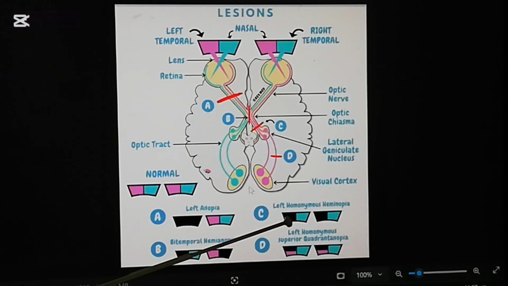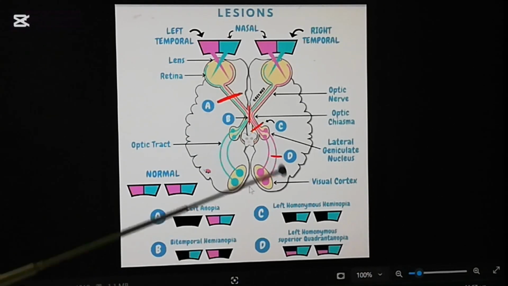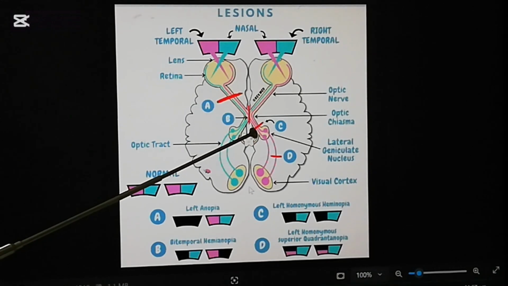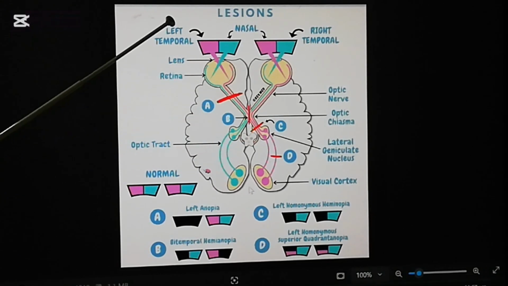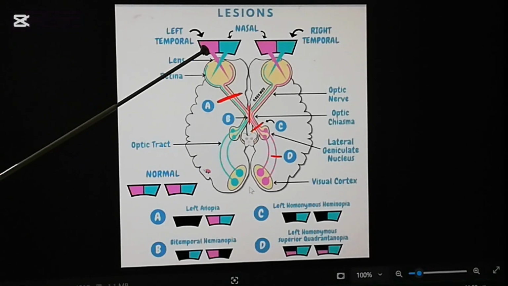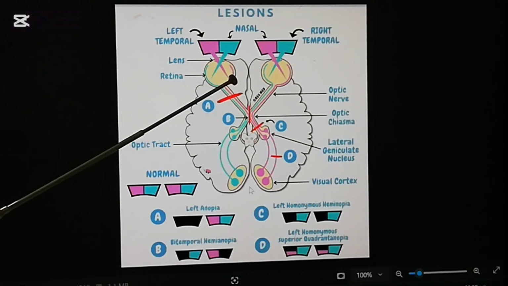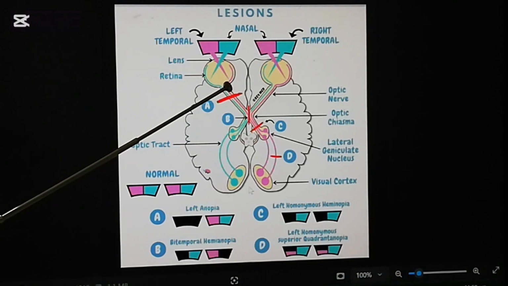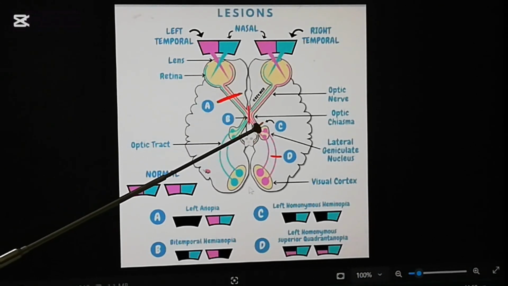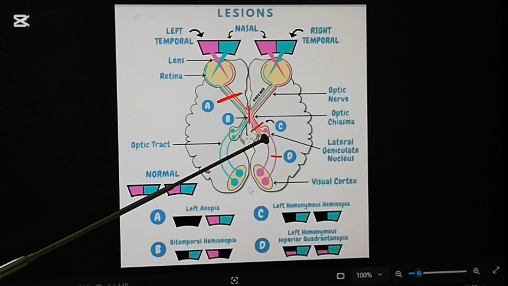But on the left side, what do you see? As you have seen this cut, if you trace it back, you can see that the left temporal field is giving information to the nasal half of the left retina, and these fibers are decussating, right? They are impaired.